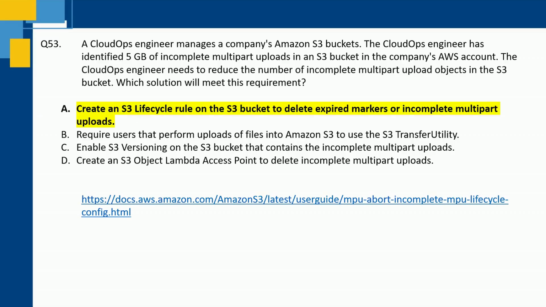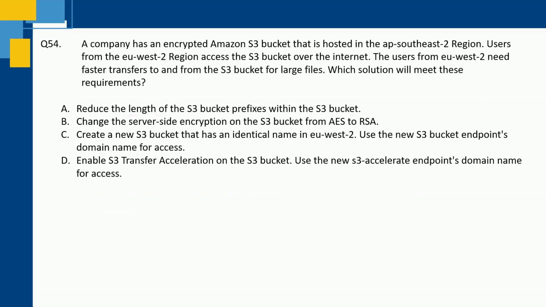Now, S3 transfer utility used in option B is a client-side utility that helps complete uploads efficiently. Option C involves enabling S3 versioning, which controls object versions. And option D involves S3 object Lambda access point, which is used to transform object data on retrieval, not for cleaning up incomplete uploads. Next question.